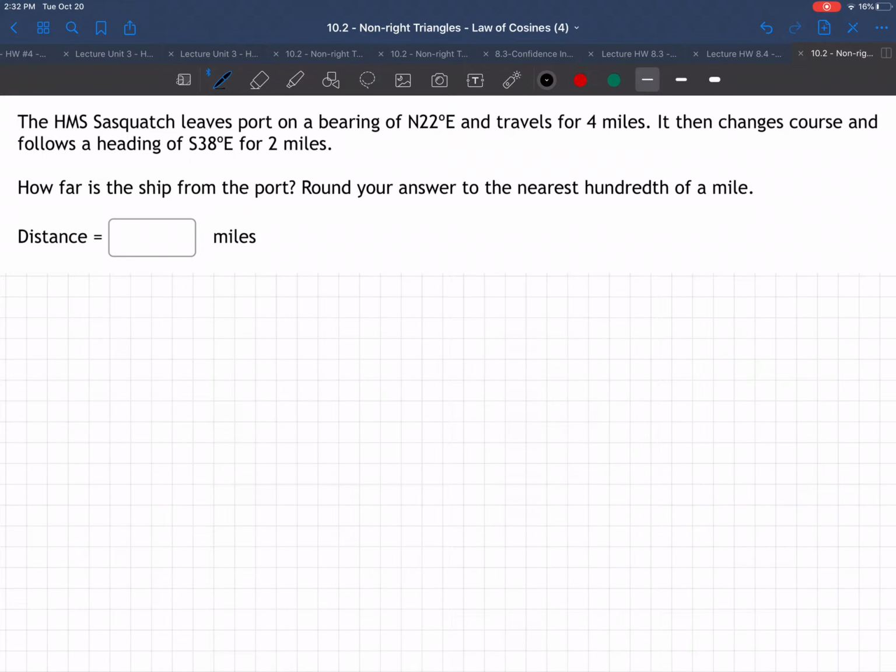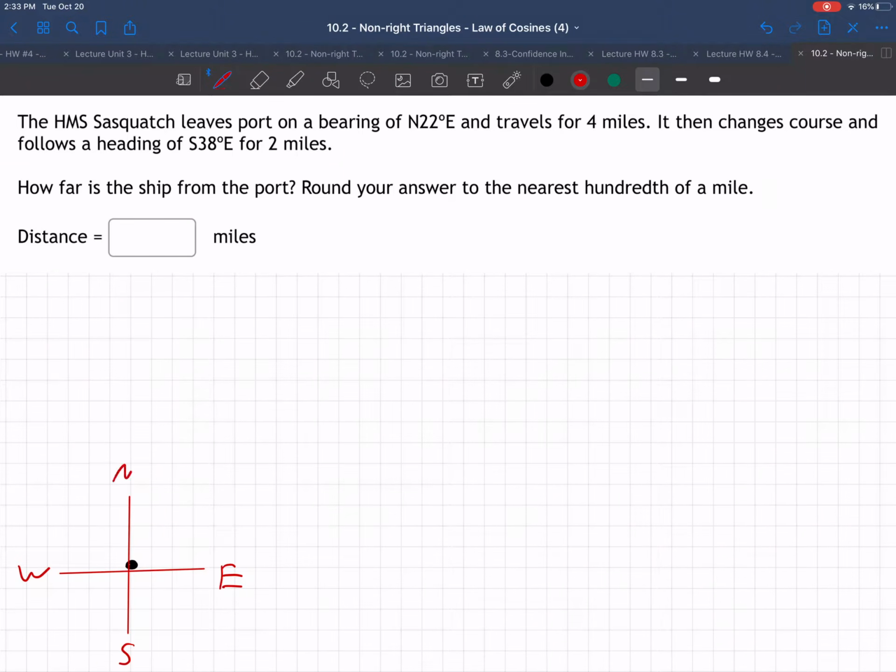Okay, so on these kind, you always need to draw an axis system to see your situation. So I'm going to start down here, and I'm going to draw a little axis system. That's the best I can do. So north, south, east, and west.